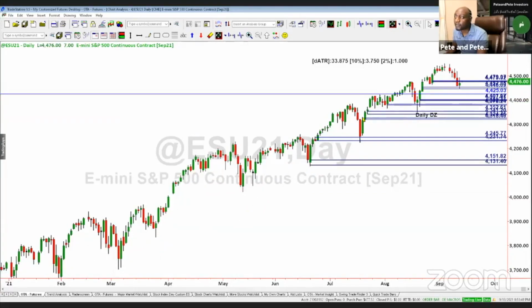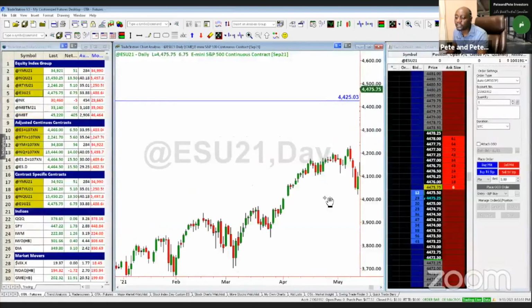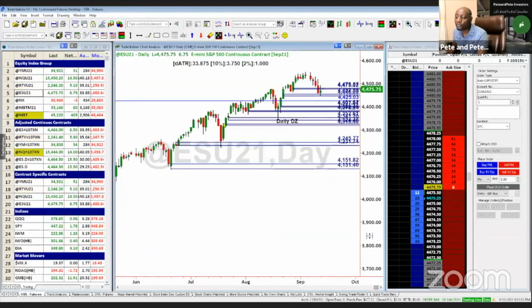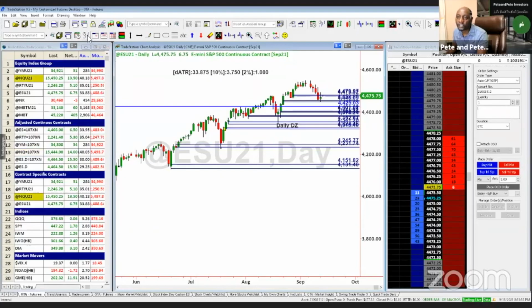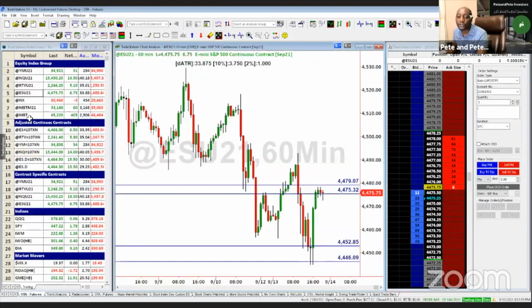So the one thing about TradeStation is understanding how they build their charts, particularly if you're trading futures markets. So I have contract specific and adjusted continuous contracts. When you take the class, you'll learn about all this, don't worry.